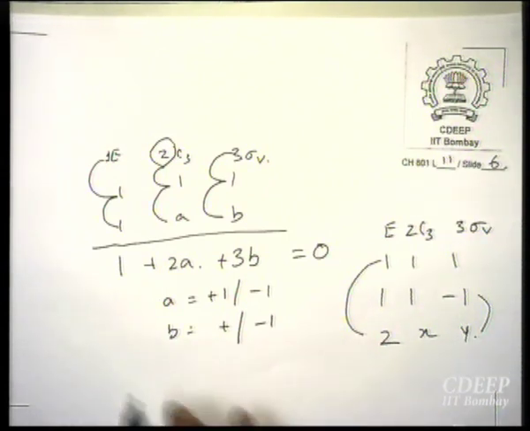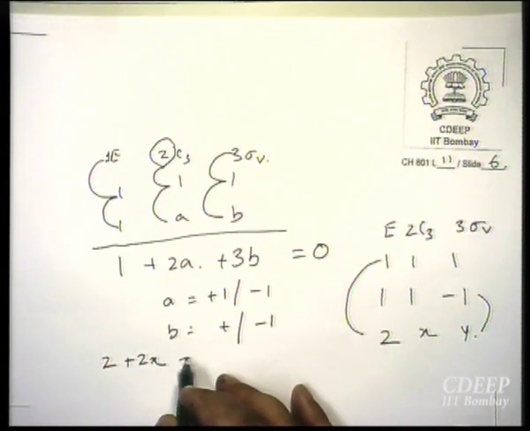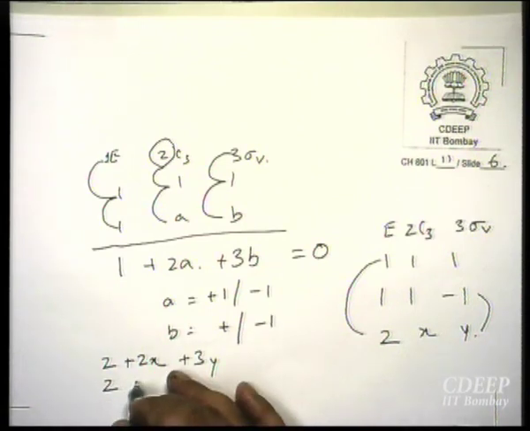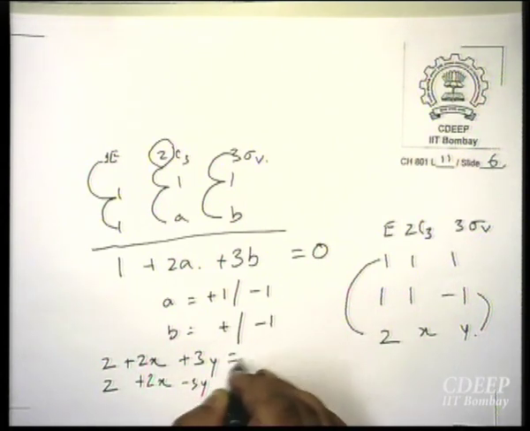So it is 2 plus 2x plus 3y, multiplying gamma 1 and gamma 3. And if you multiply gamma 2 with gamma 3, what do you get? 2, then plus 2x, then minus 3y, and both are equal to 0.